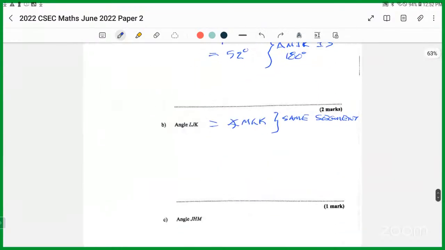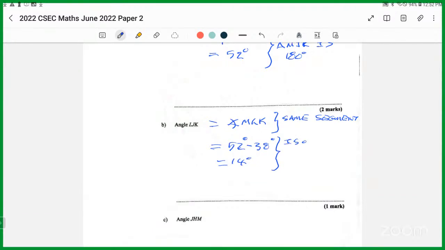But then this particular angle is equal to 52 degrees minus 38 degrees, which works out to be 14 degrees. And that's because they are in the isosceles triangle.